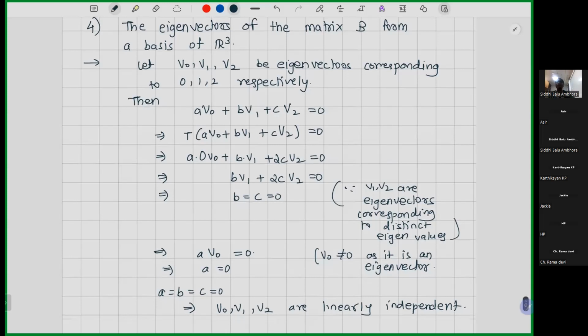Is it okay? For the basis, it can be that the eigenvectors are distinct, which means the eigenvalues are distinct. If not distinct, then the matrix doesn't have all linearly independent vectors.